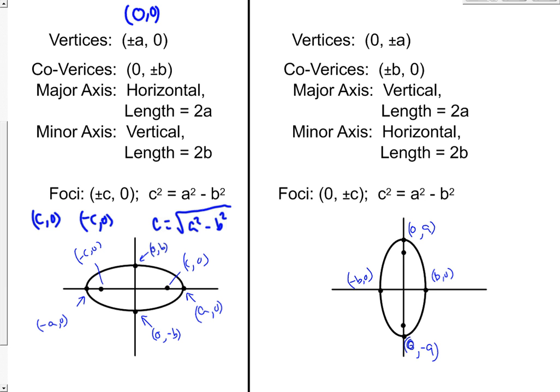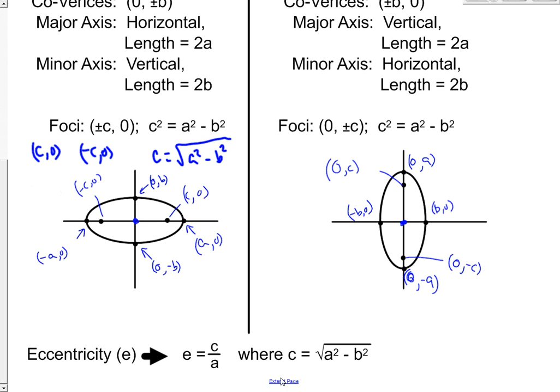Our foci are going to be on the 0 comma c, and on the vertical axis, and 0 comma negative c. Okay, and obviously our center is in the middle, and for both of these, our center is the origin.